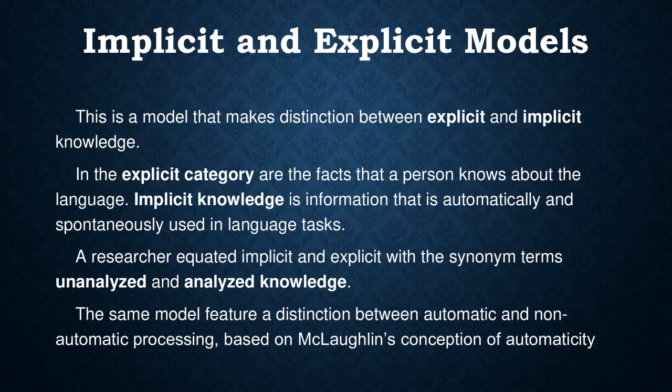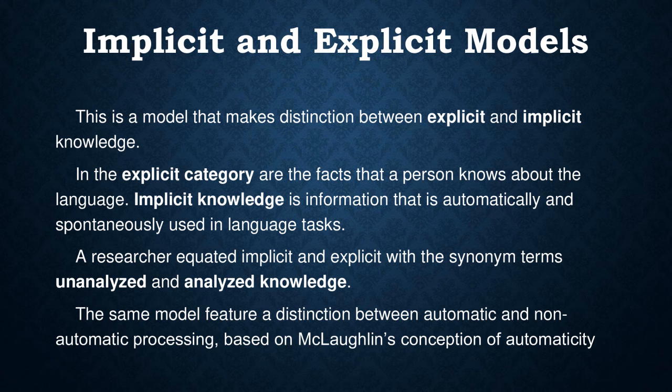Another researcher equated implicit and explicit with the synonymous terms unanalyzed and analyzed knowledge. Unanalyzed knowledge is the general form in which we know most things without being aware of the structure of that knowledge. On the other hand, learners are overtly aware of the structure of analyzed knowledge, but not of the unanalyzed.